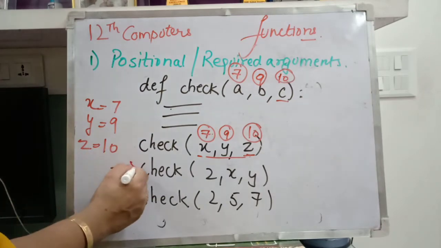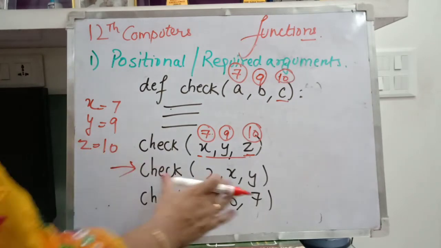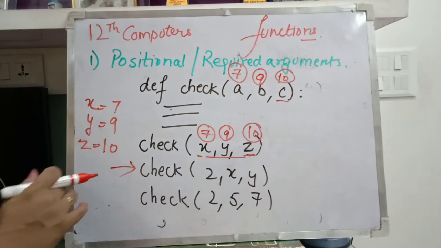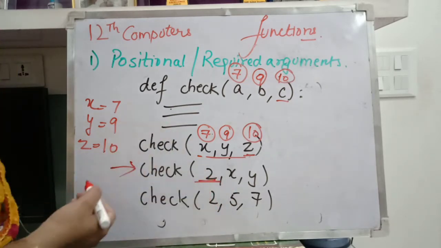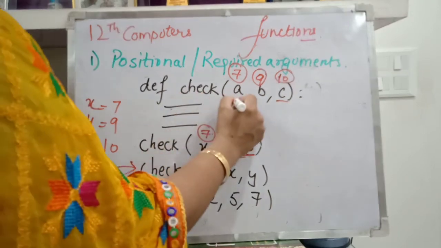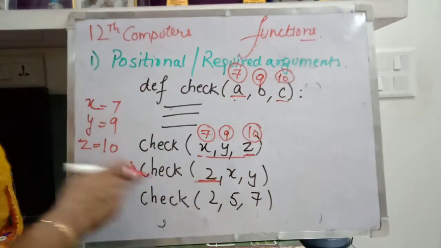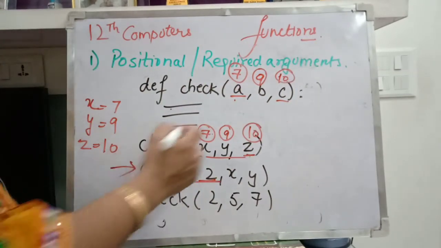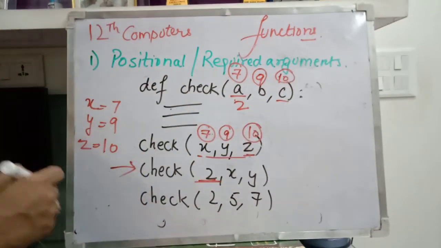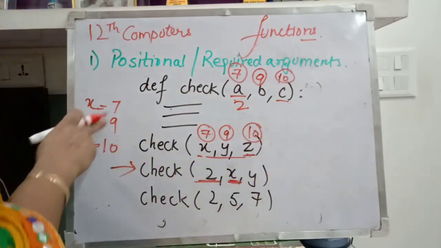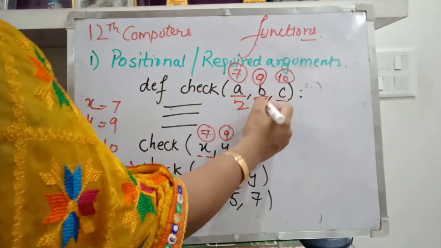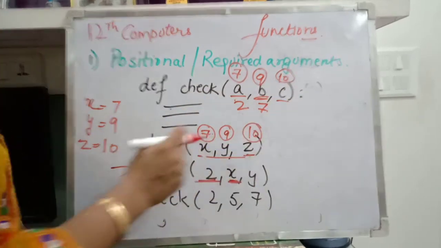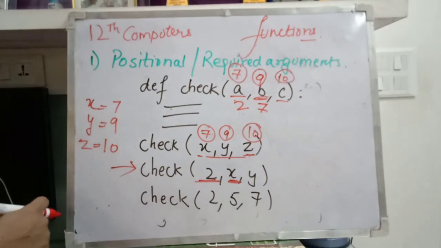Now let's check the second calling function. In this case, we are passing the value 2, so a at the first position gets the value 2. Then what we have passed as x is 7, so b at the second position and x at the second position get 7.